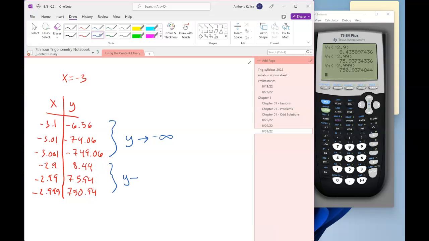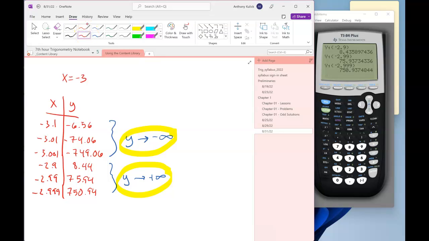What do I notice about these y values? Yeah, they're approaching positive infinity. To see that something's an asymptote, what I'm hoping the y coordinates do is approach positive or negative infinity.